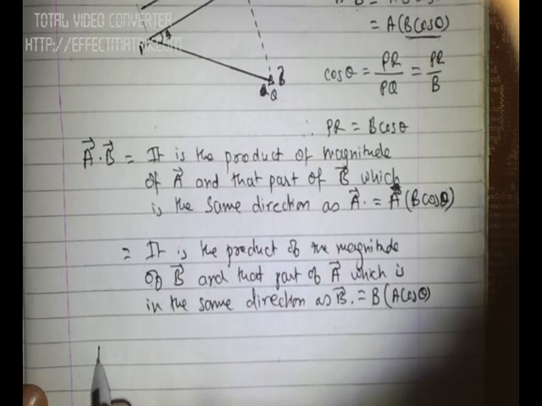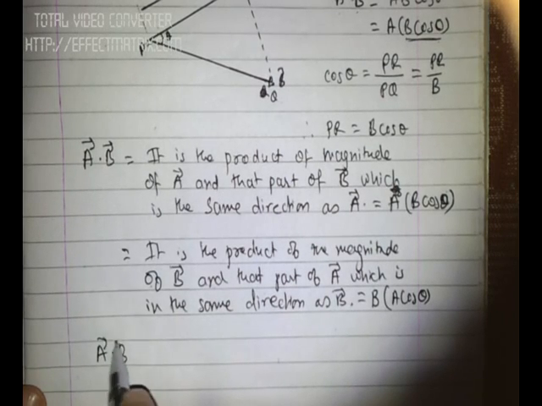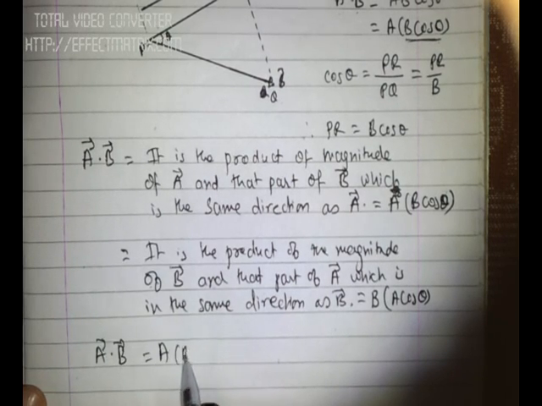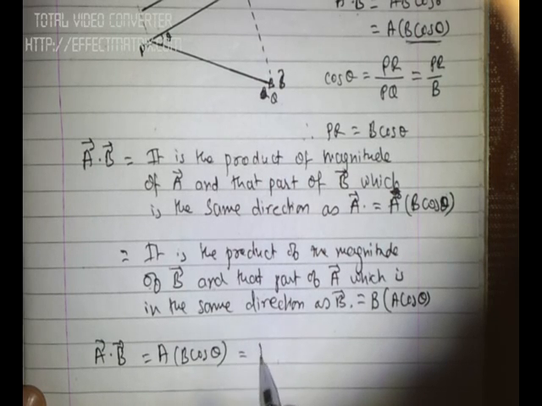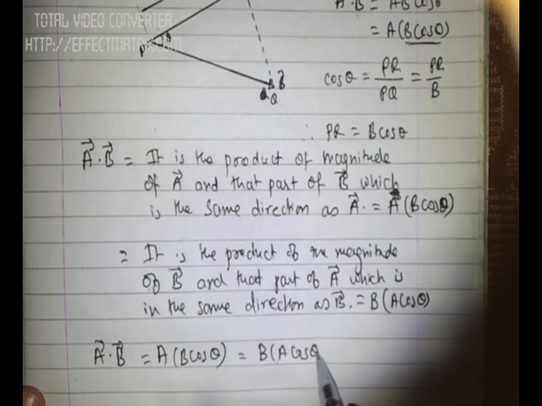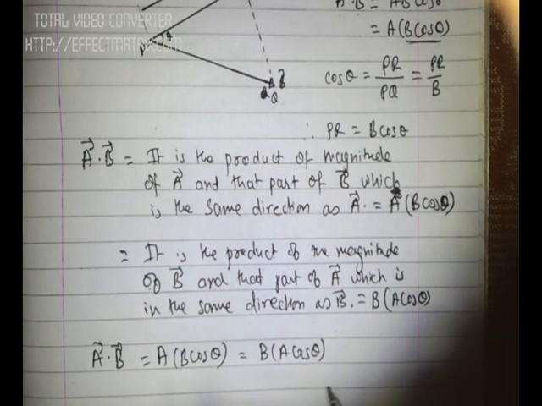Thus, A dot B is equal to A into B cos theta, that is the same as B into A cos theta, and therefore it does not have any direction.